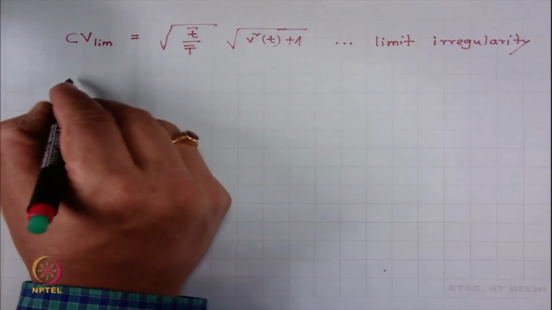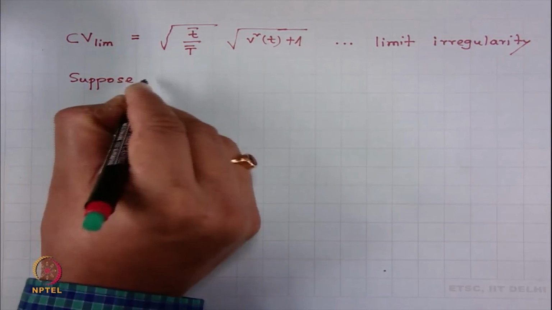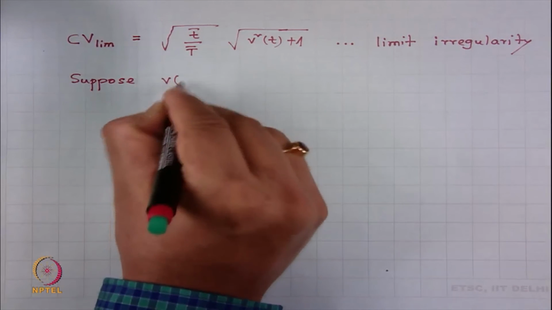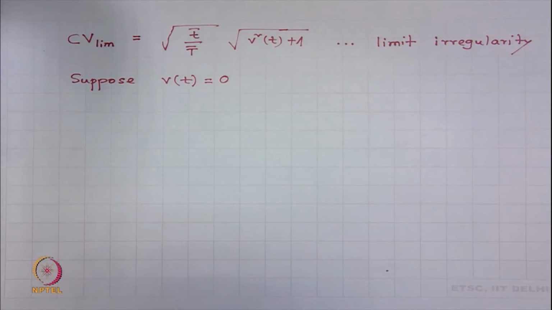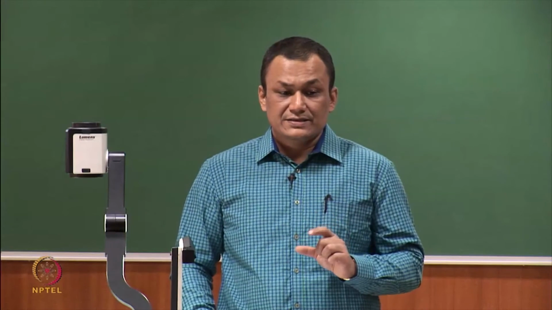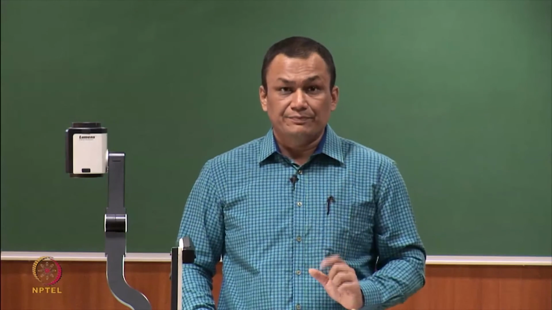Suppose V t is equal to 0. What does that mean? Fibers are uniform, their fineness at different positions along a fiber are same.